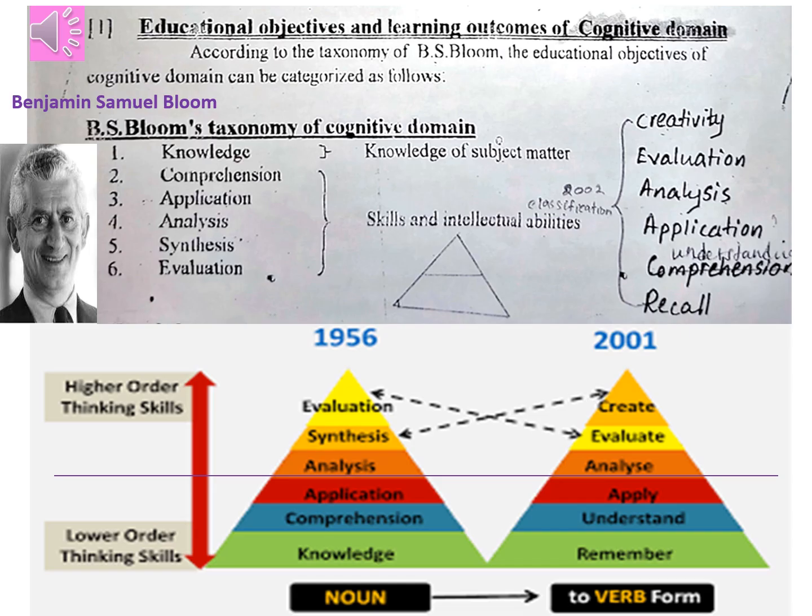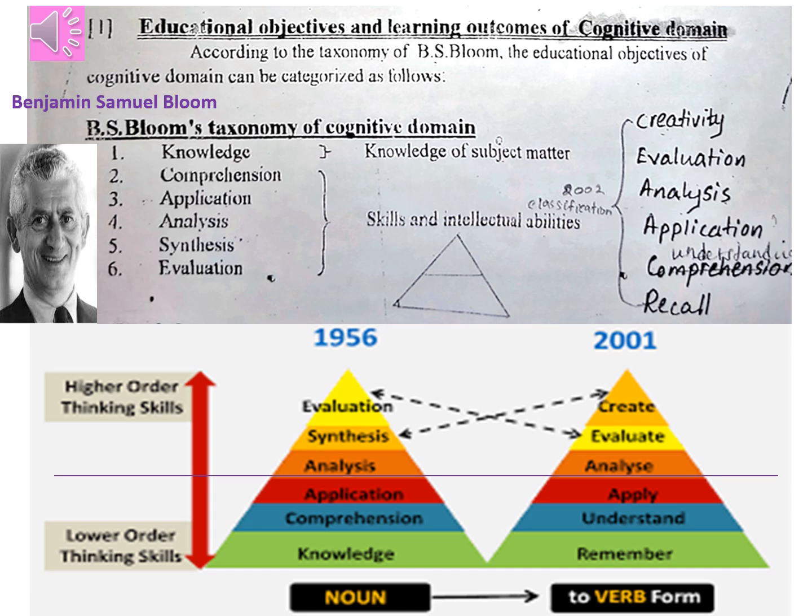After analysis, evaluation. Then creativity, creation or to create. If you have proper knowledge, then only you can create good things, new ones. That's the highest level according to the revised version. So you have to remember both.